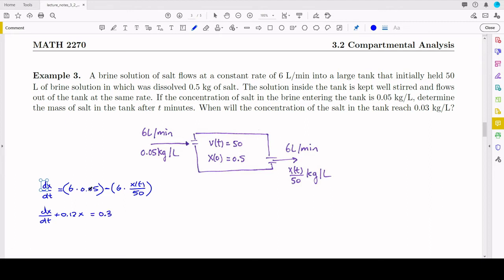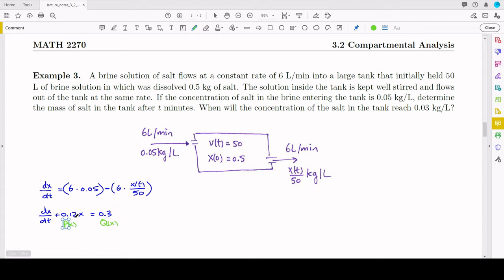That's the 6 times 0.05. Again, we could treat this as a separable equation and just do it as we did in example 1, but I'll show you how to do this as a linear differential equation now, and then you can see what your preference is. So this is our p of x, this is our q of x.